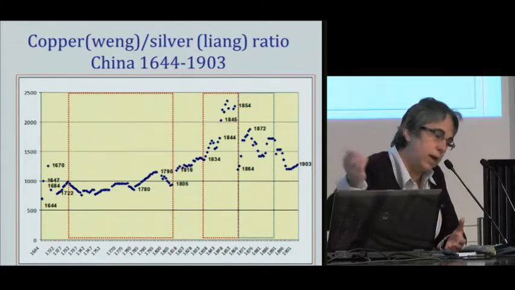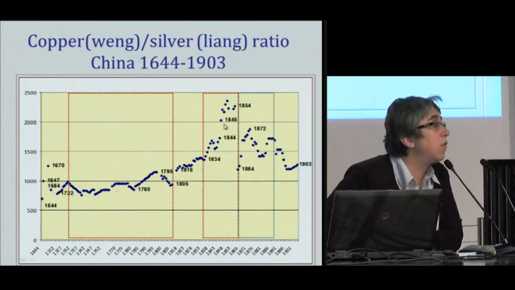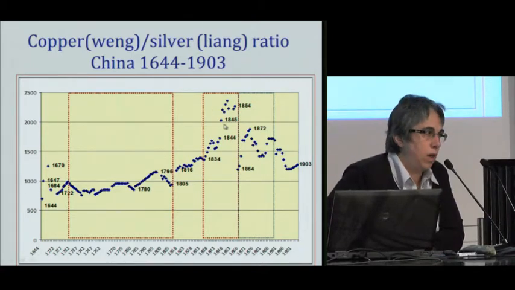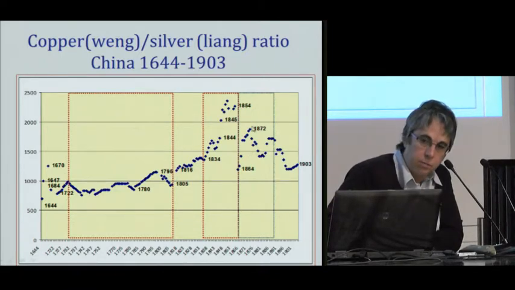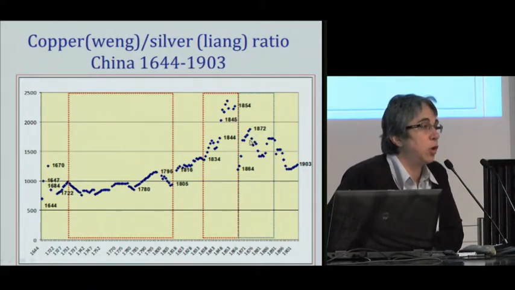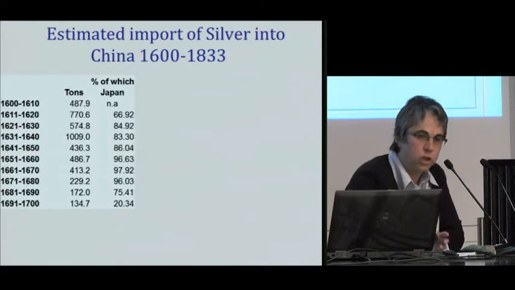This is explained traditionally by the outflow of silver because of excess opium imports, and particularly this peak here is explained by the debasement of the copper coinage for the fiscal needs of the following emperor.